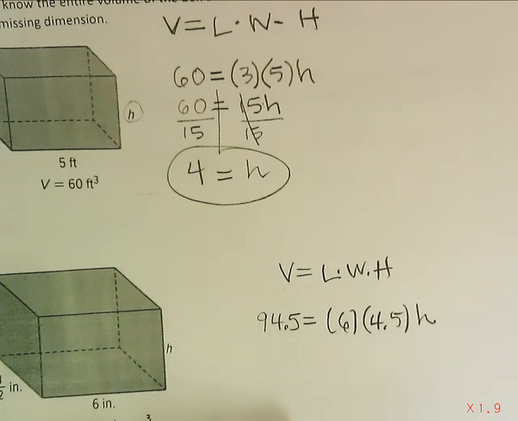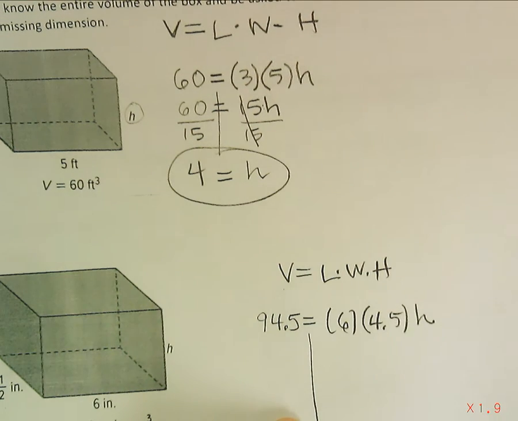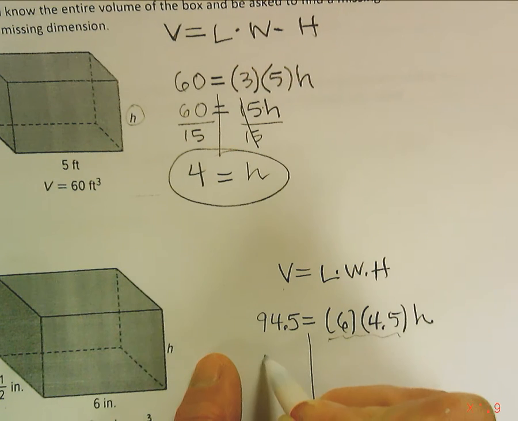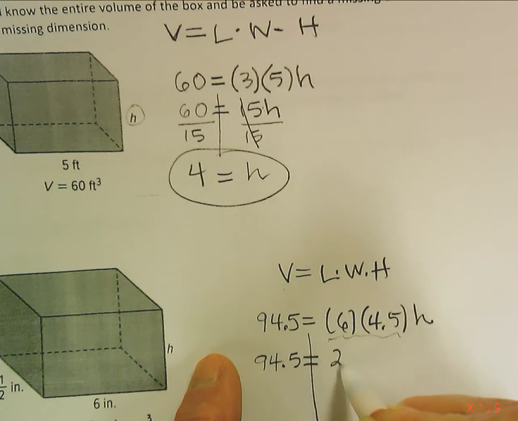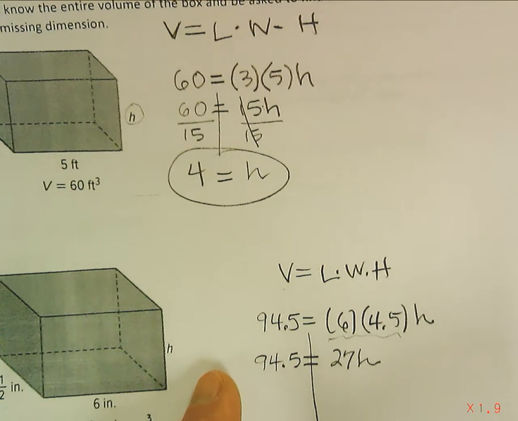So Brock, what's one thing I can do to make this a little more simple? Can't I go ahead and multiply these two together so I've got one number instead of two numbers? You can do that, and you can put H times whatever that is. Okay, so multiply these and you get 27.